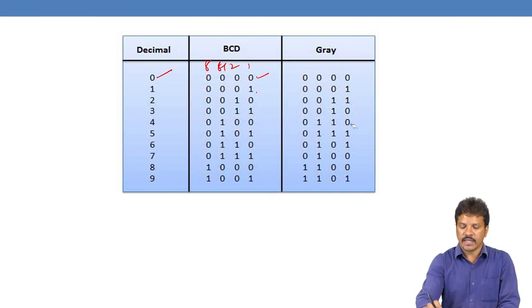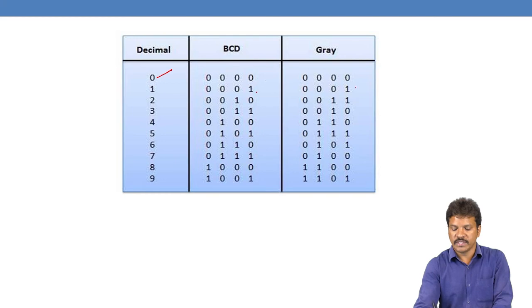What is the property that gray code has? The gray code property is when we see one gray code number with the other gray code number, only one bit changes. We find one bit change in the given table. So 4 zeros, the next number is 0001.